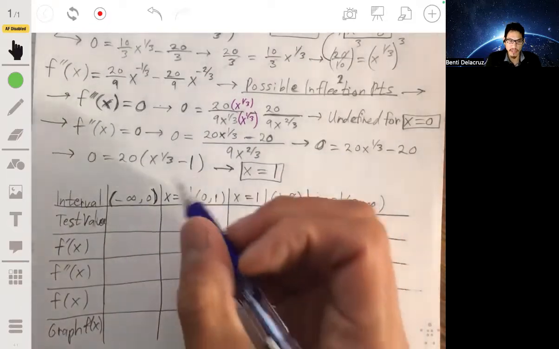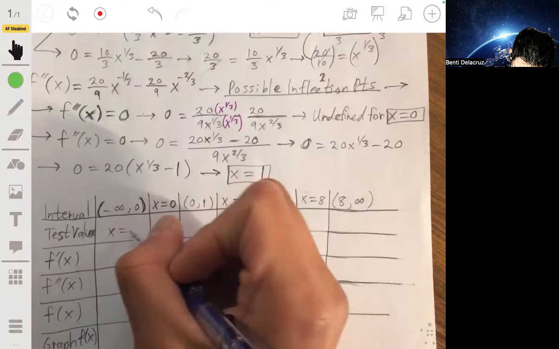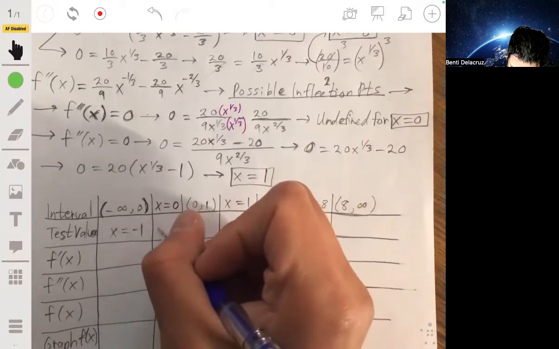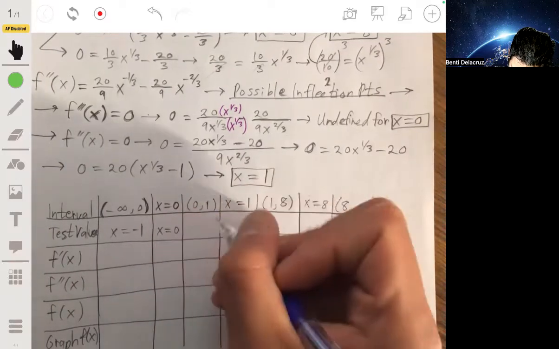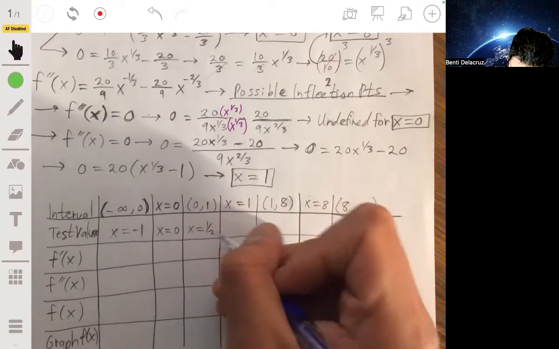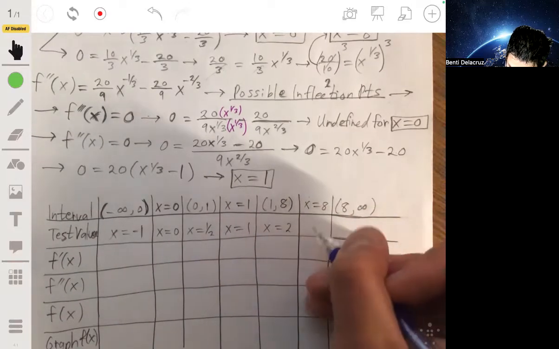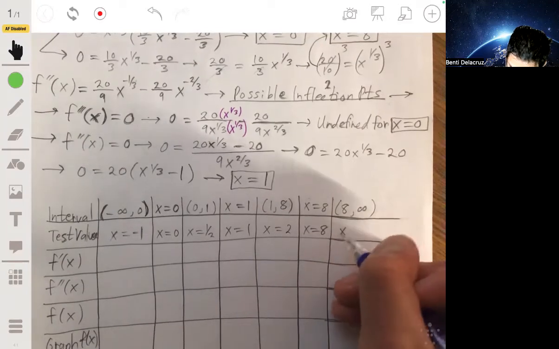All right, so let's pick x values in these intervals. Let's pick x equals -1. Here, of course, we'll have x equals 0. That'd be that same number. Let's pick halfway between 0 and 1, so 1/2. This will be x equals 1. Here we'll pick x equals 2, x equals 8, of course, and let's pick x equals 10.